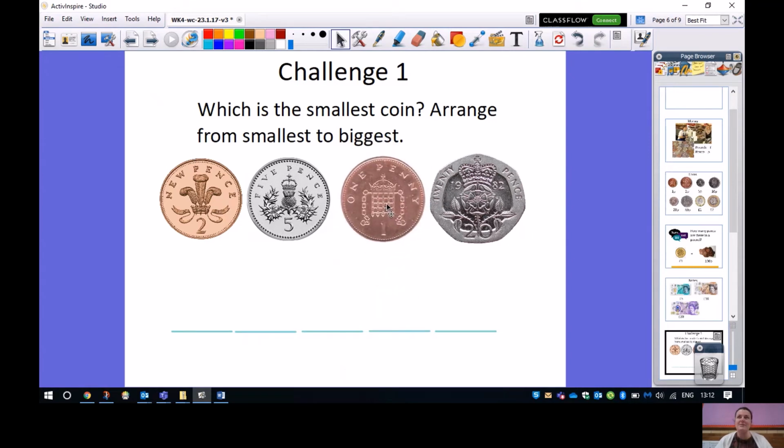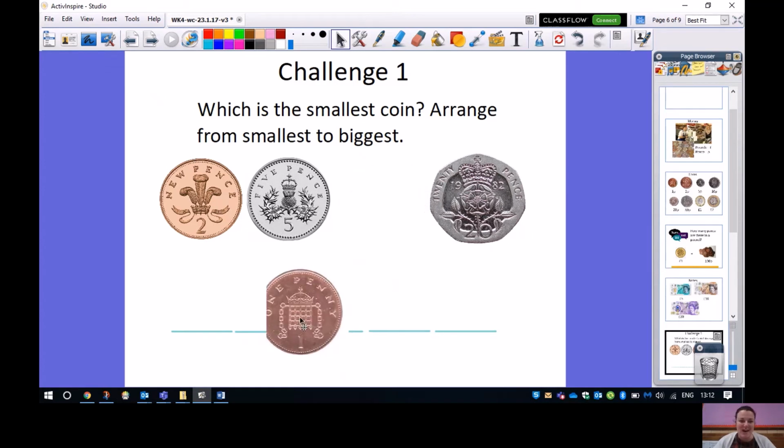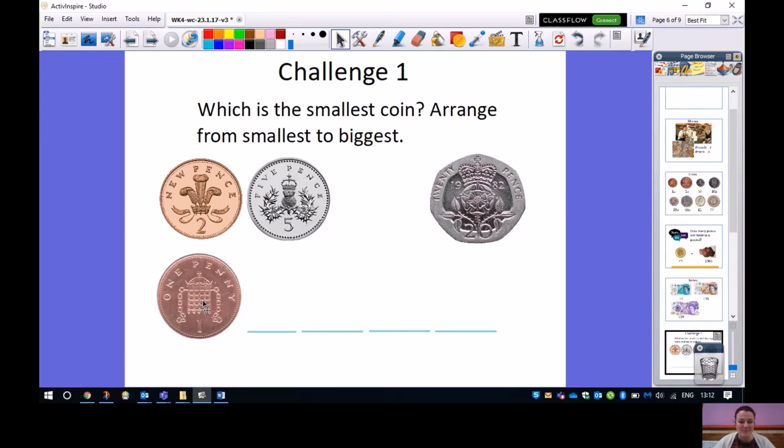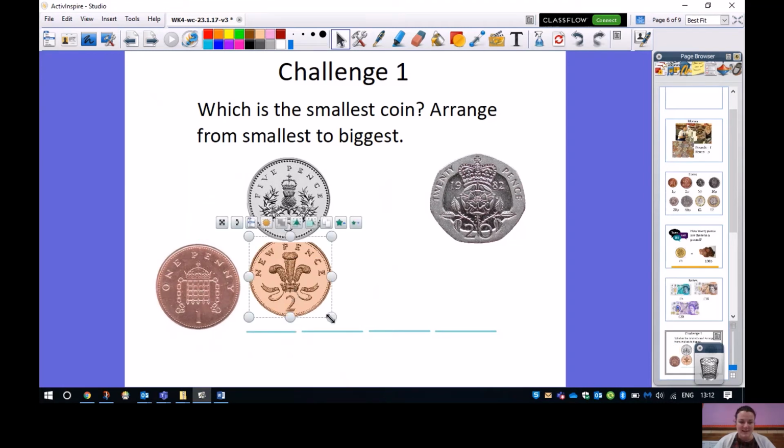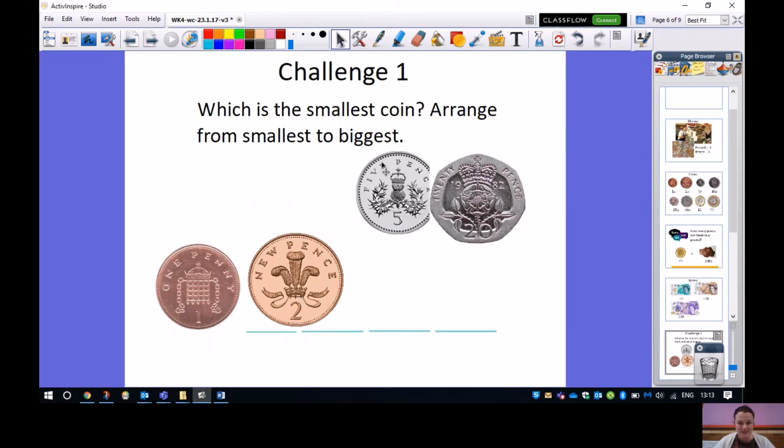1p, is that the smallest? Yes, 1p, our copper coins are the smallest coins we have. Our second smallest coin is the 2p. Which one is bigger or smaller? Is 5p bigger or smaller than 20p? 5p is smaller than 20p, but bigger than 2p.